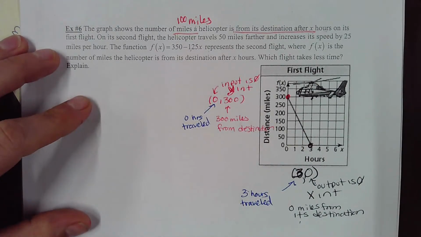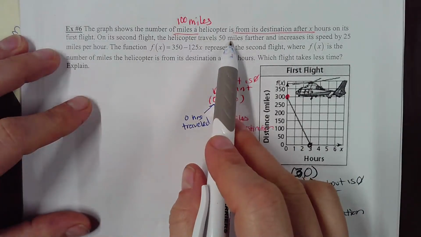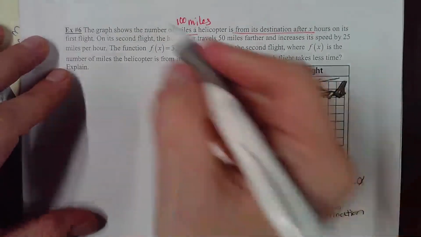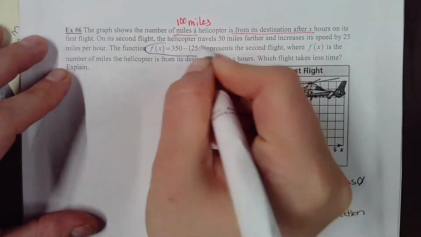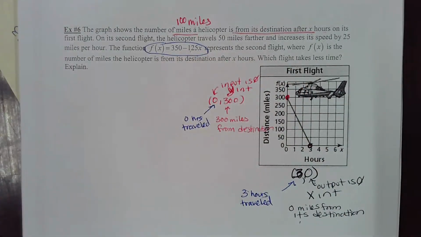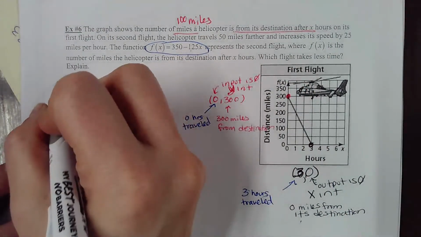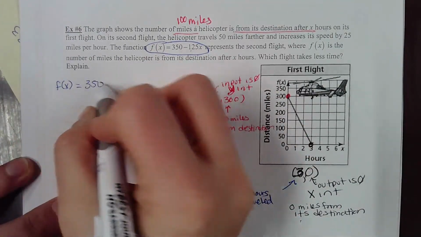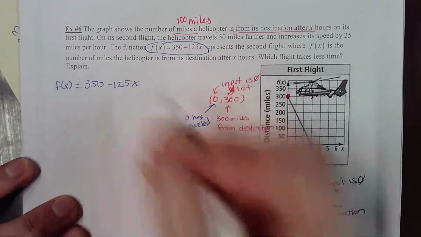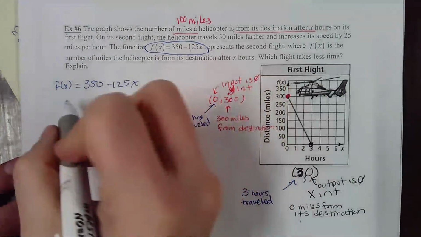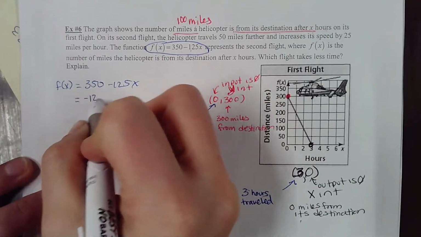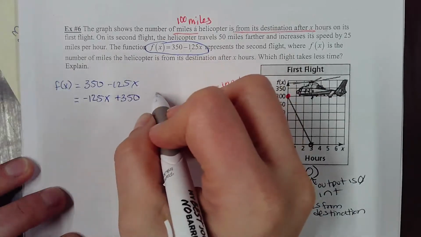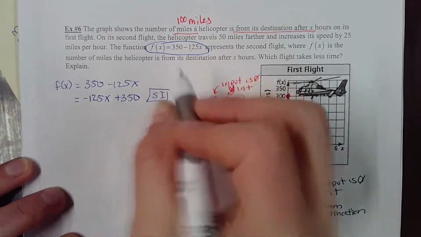Now, on its second flight, the helicopter travels 50 miles farther and increases its speed by 25 miles per hour. This is the second flight. Now, it's not in slope-intercept form. f of x equals 350 minus 125x is not in slope-intercept form. We could change it into slope-intercept form.